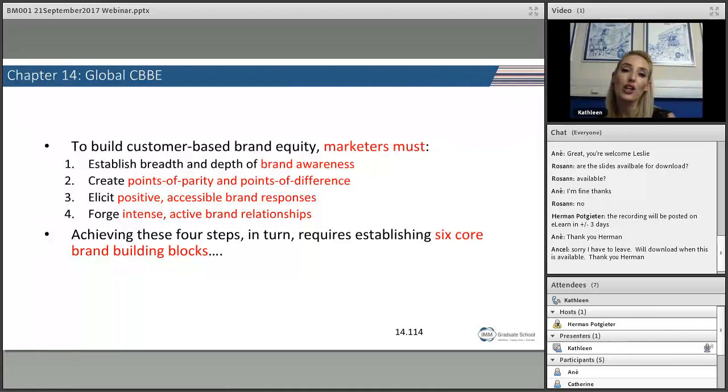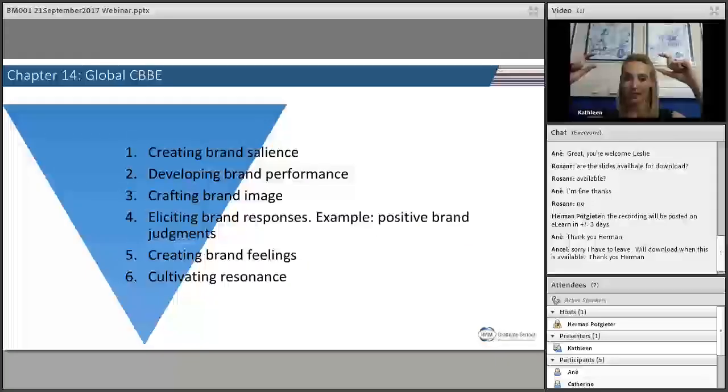Now, when we are looking at global marketing of our brand, we still are considering customer-based brand equity. And in order to do that, we are still focusing on the same building blocks and the same structure. We will start with establishing brand awareness globally. We will then move on to establishing points of difference and points of parity, or global meaning. We will then try and elicit positive brand responses.